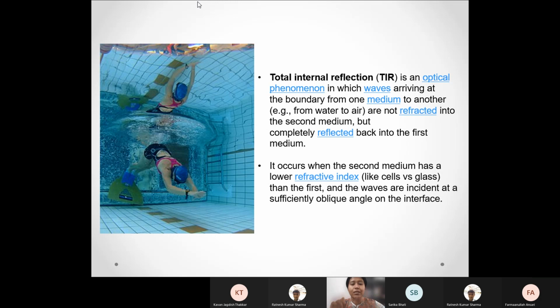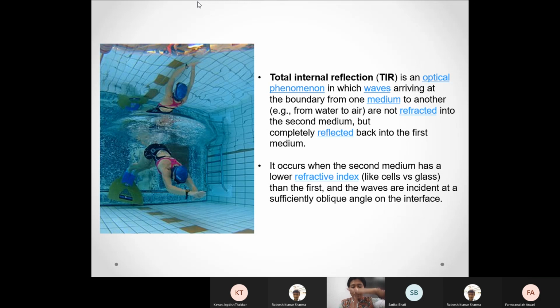So this means that you can use the evanescent wave to specifically excite fluorophores which are very close to the surface, not far, because it does not penetrate into the second medium too much. It's just very close to the boundary, a very thin layer.